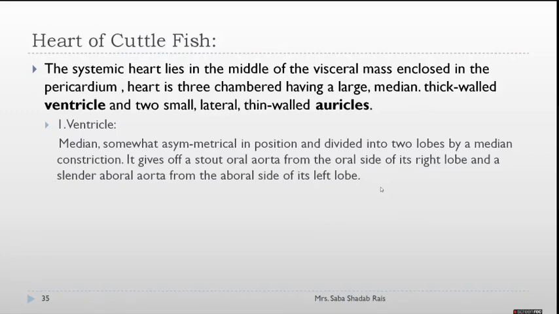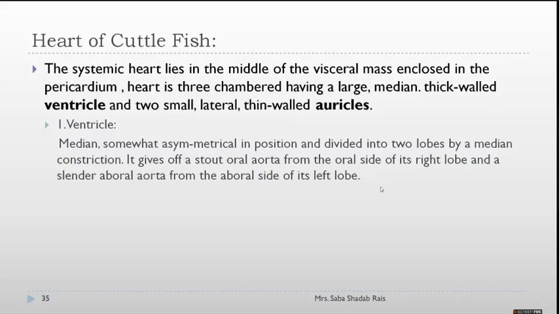In this case they have just a simple constriction, not even a septum is present. Now this gives off a stout oral aorta. From the systemic heart ventricle, one aorta comes out, and this aorta goes to the oral side of the right lobe, and a slender aboral aorta goes to the side of the left lobe.